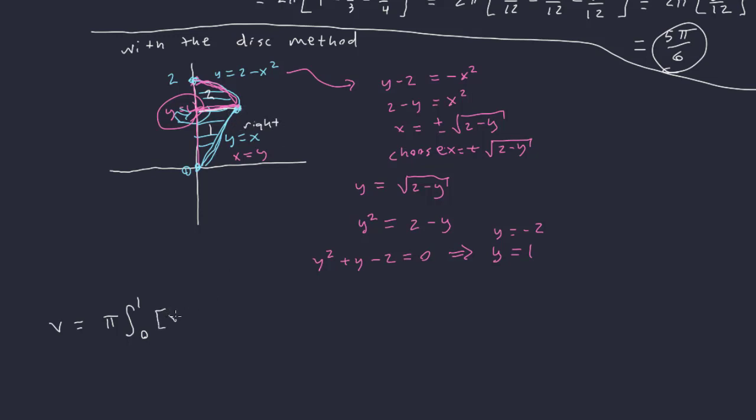It's y squared dy. Okay, then plus pi times the integral from 1 to 2 of, now it's this right side squared. It's the y one, so sorry about that. It's the square root of 2 minus y, and then that squared dy.